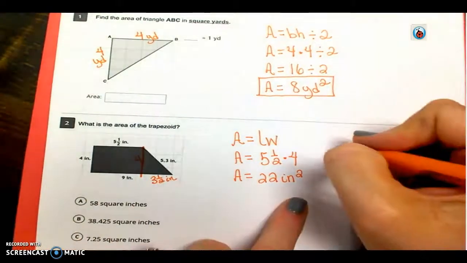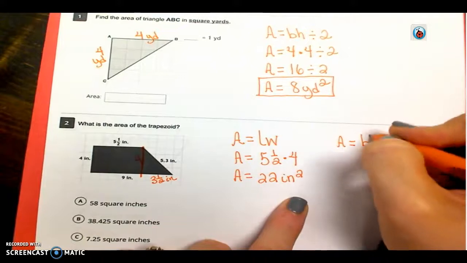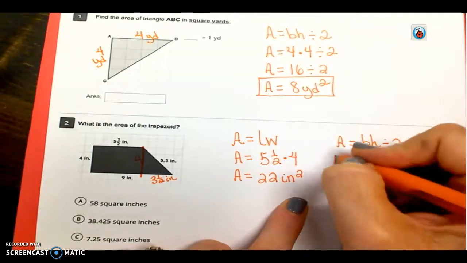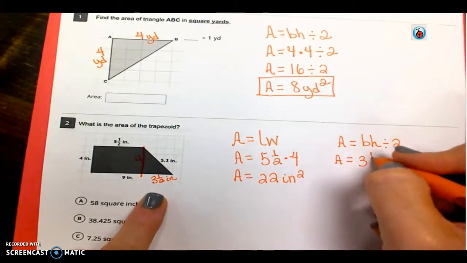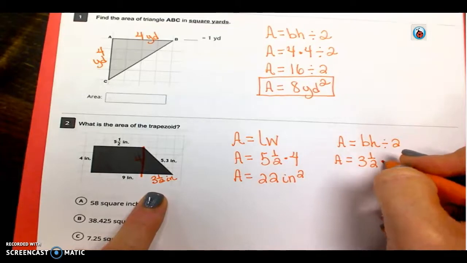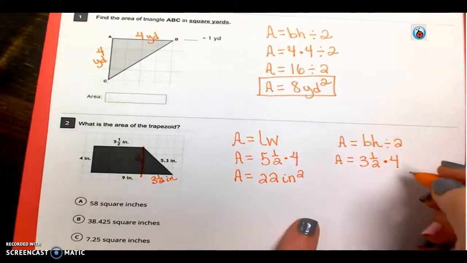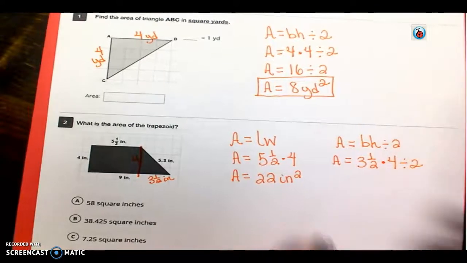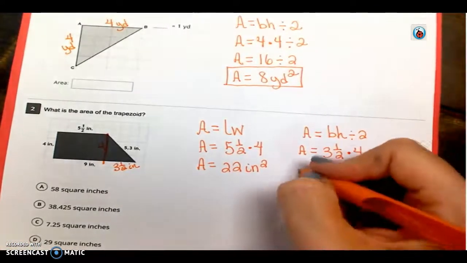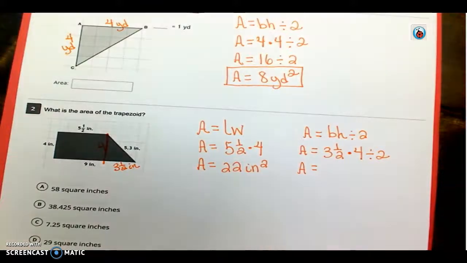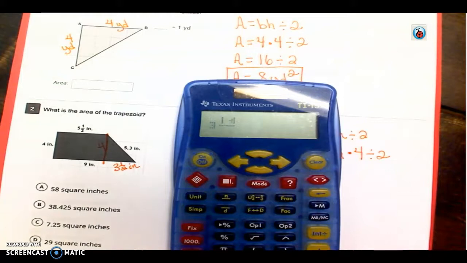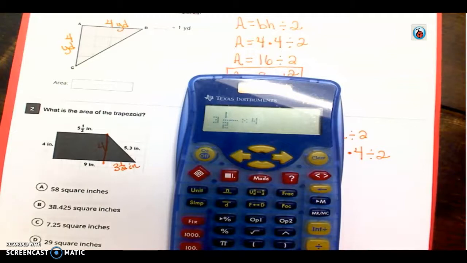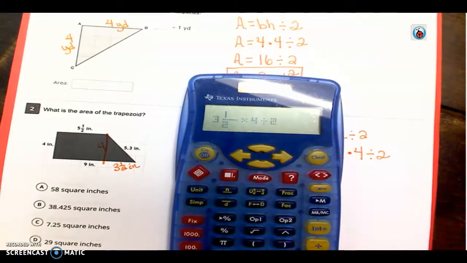Now we're going to move over to the triangle, which is base times height divided by 2. So we've already established the base of our triangle is 3.5 inches times the height is going to be 4. And then we divide by 2 because we know a triangle is half of a rectangle or square. Okay, so again, with your calculator, you're going to put in 3 unit, 1 numerator, 2 denominator, times 4, and then divided by 2.